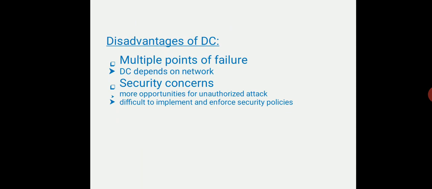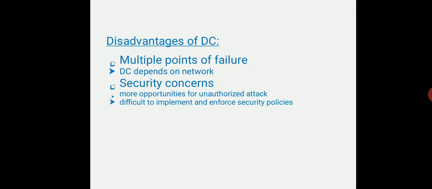Now we also have disadvantages in distributed computing. What is the disadvantage here? The first one is multiple points of failure. Distributed computing depends upon the network. Already you know, in distributed computing, computers are interconnected, isn't it? Since multiple computers are involved, all of them depend on the network for communication. The failure of one or more computers may cause some problem, or the failure of the network will result in what?